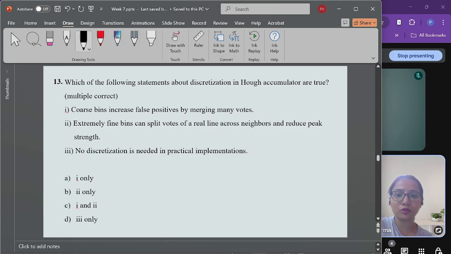Option 3 is no discretization is needed in practical implementation. So option A is the first one only, option B is the second only, option C is first and second, or option D is the third one. So which options can be the correct one?